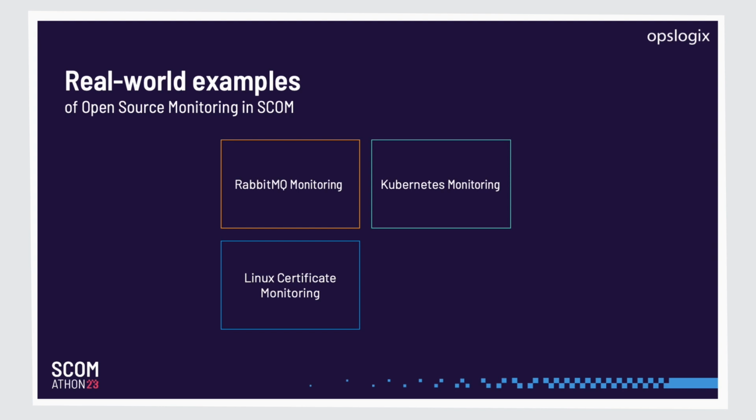This client wanted to have the same functionality to be able to find these certificates on their Linux machines. So together with the client, we developed a solution that targets the Unix Linux operating system and that goes through each and every one of them to discover and monitor certificates on these types of devices.